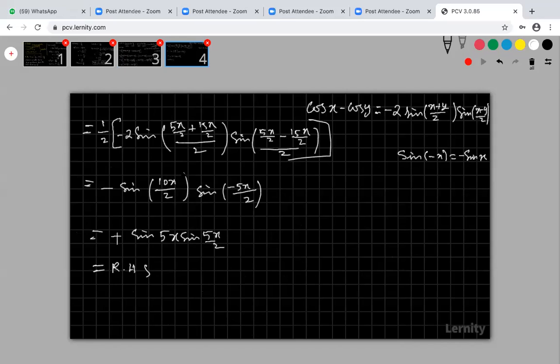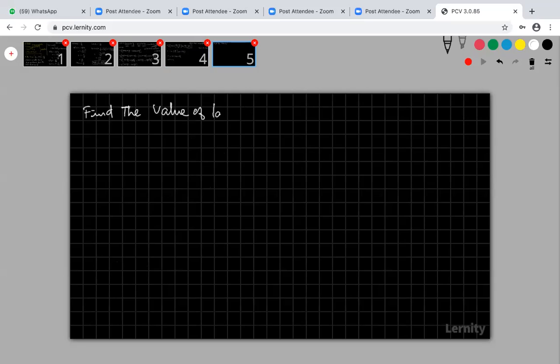Now come to the next question. Find the value of tan pi by 8. We know that pi by 4 is 45 degrees, and we know tan 30 is 1 by root 3.